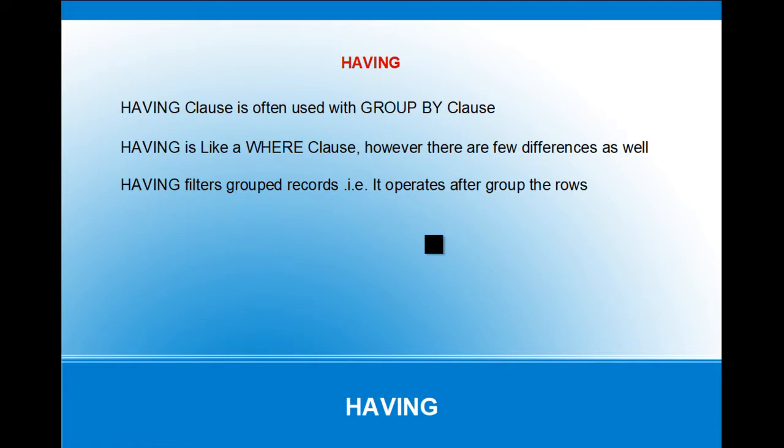The having clause will filter the records after the grouping. It will start the grouping and then after that it will check the grouped values and then filter out the rows. So it operates after the group by clause, after grouping the rows. So it is also used with the aggregate functions.